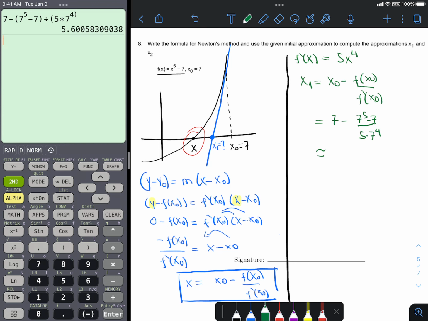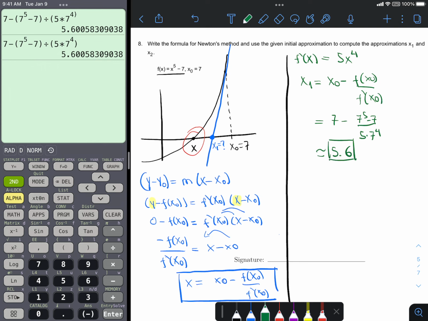Make sure that I haven't made a mistake there on the calculation, but I think it's all good. Even though the parentheses is on the top, I don't think it will make a difference. Right, same result. So that's my x1. I'll just round that to 5.6.